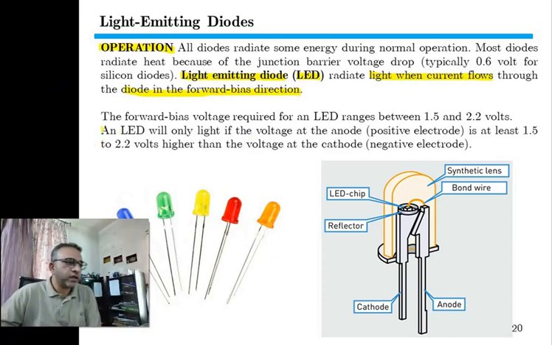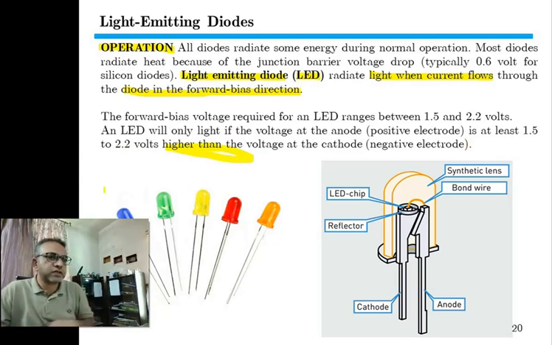The next paragraph says the forward bias voltage required for an LED ranges between 1.5 and 2.2 volts. An LED will only emit light if the voltage at the anode, the positive electrode, is at least 1.5 to 2.2 volts higher than the voltage at the cathode.